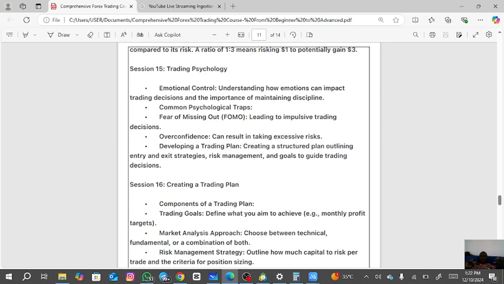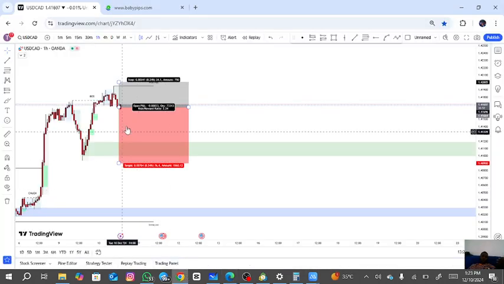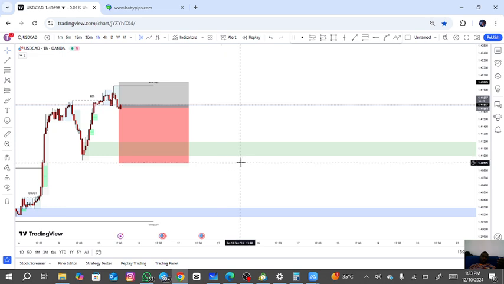Overconfidence can result in taking excessive trades. Alright, so what's FOMO? What's fear of missing out? For instance, you're about to take a trade, and let's say this is my support right here.